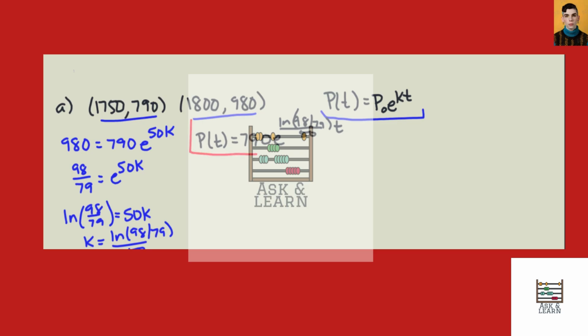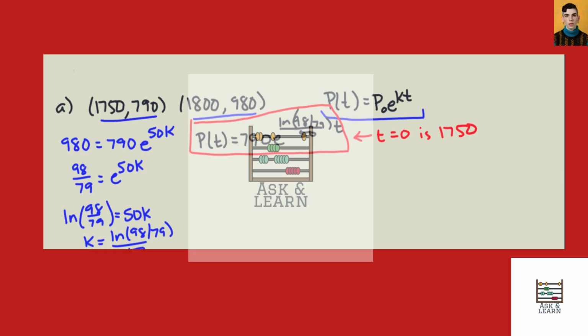Okay, so we're going to use that to make our prediction for the year 1900. So if it's 1900, then it has been 150 years since the year 1750. So this model assumes that t equals 0 is the year 1750.